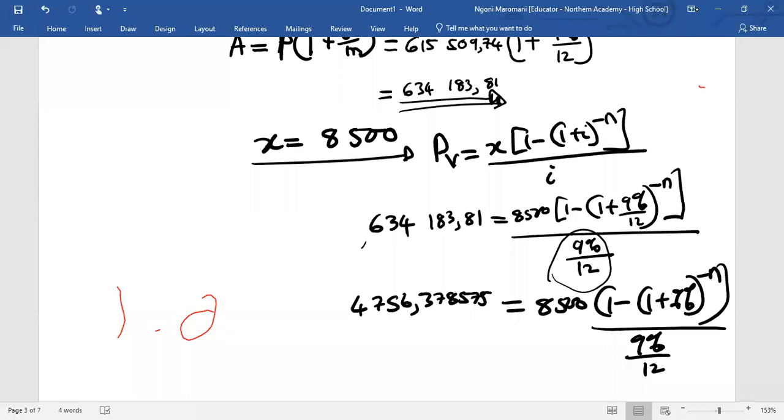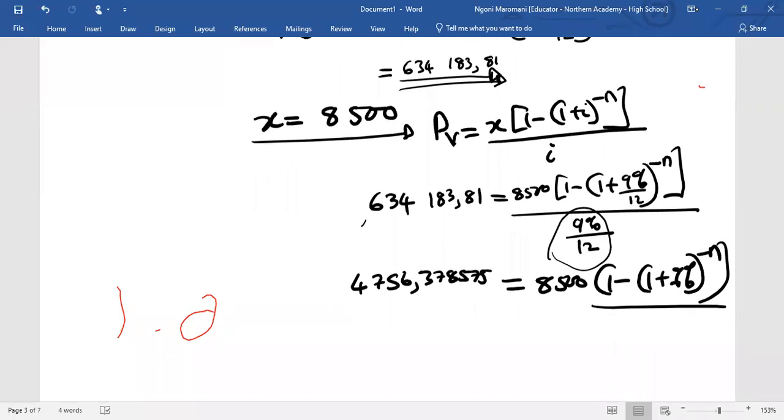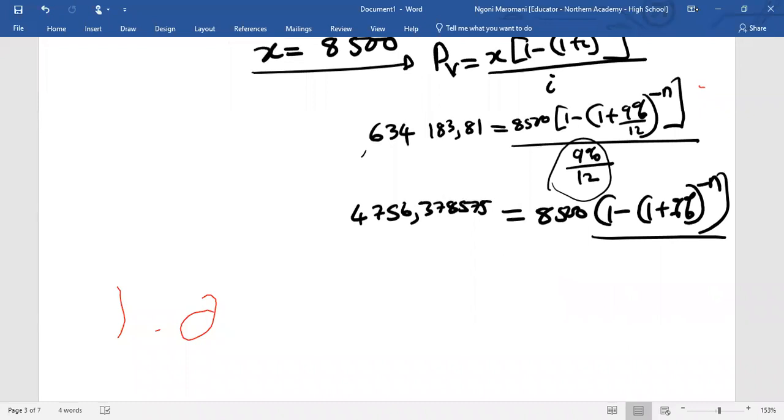Do you see that? Oh sorry, this part is out now, right? So we now divide both sides by 8,500. What do we get now? Don't round off, guys.